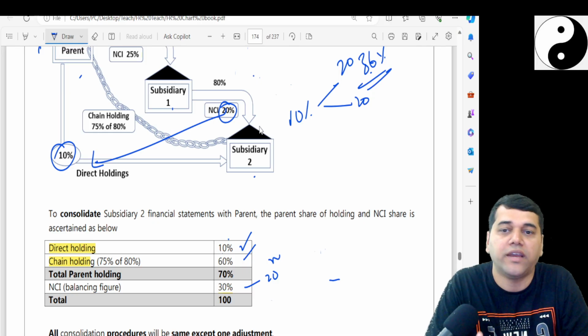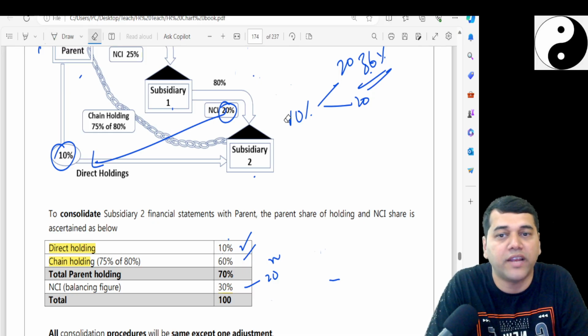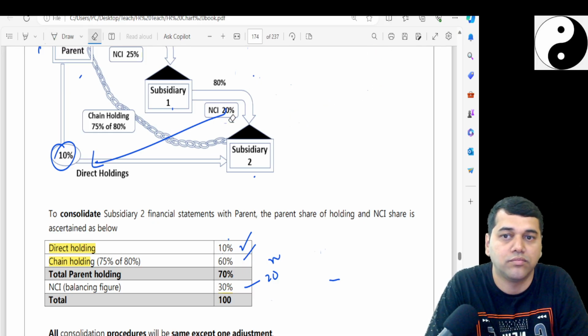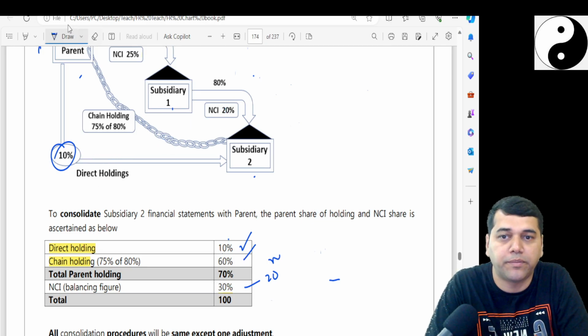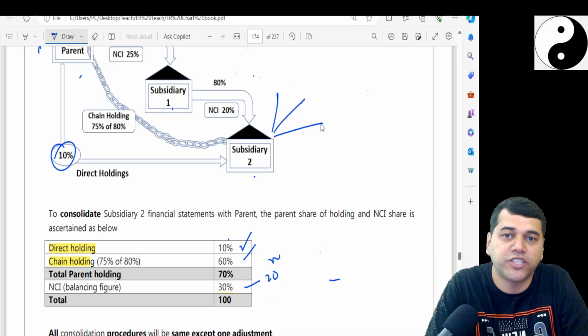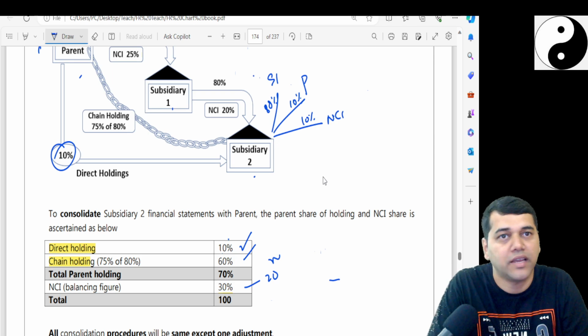See, okay, how many shareholders are there for S2? If I have to tell you the shareholders, there are 3 shareholders. One is S1 holding 80%, parent holding 10%, NCI holding 10%. Agreed?